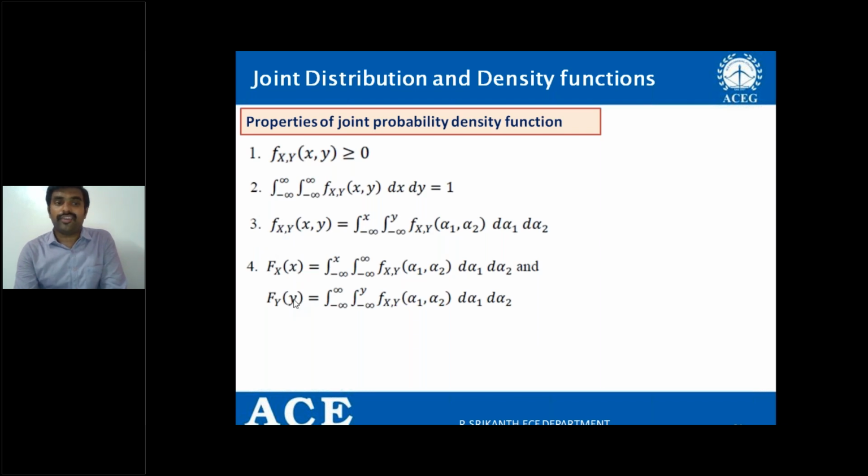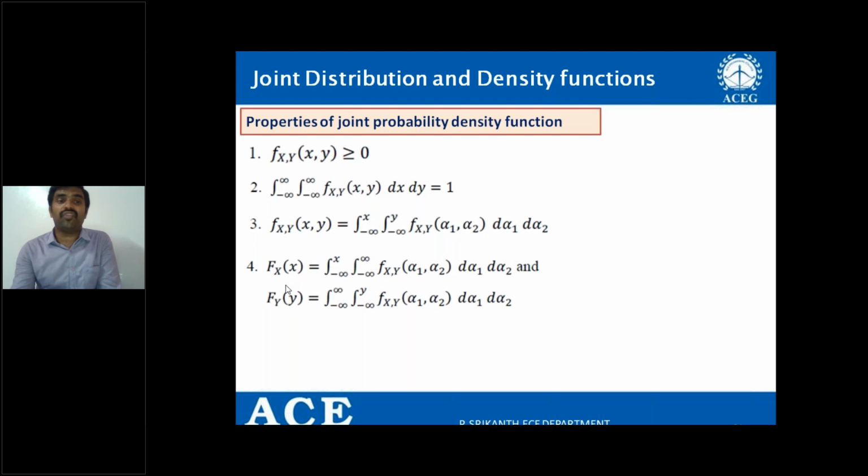Here that is for the single random variables. If you want to find the distribution functions, in the previous slide we have taken these two functions as marginal distribution functions. So if you know the joint density function, you can also derive the marginal distribution function. How?